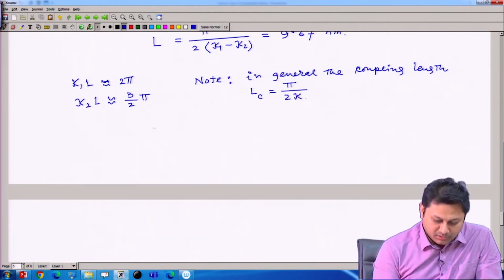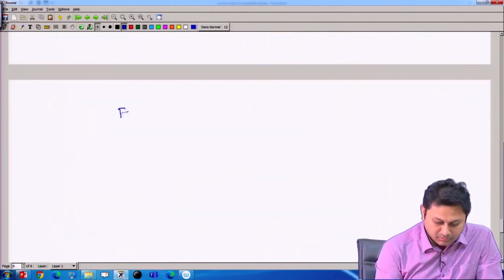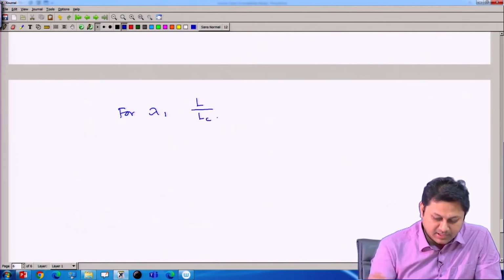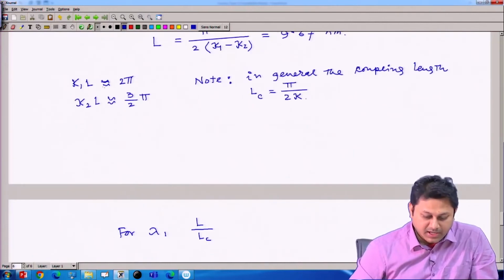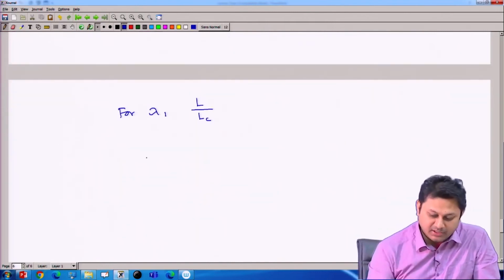So, for lambda 1, you can see what happened: whatever the length is, divided by the coupling length. L is the length of the coupler, and I want to find out how many coupling lengths there are for lambda 1. I can calculate that.